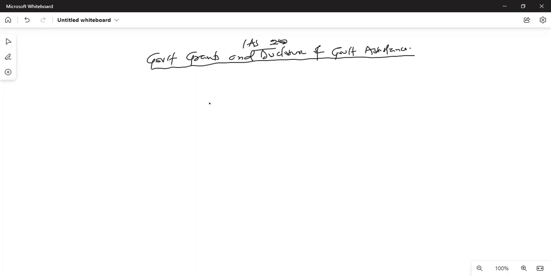Like we do, we are going to go through definition. And we are looking at grants. We need to understand government grants.